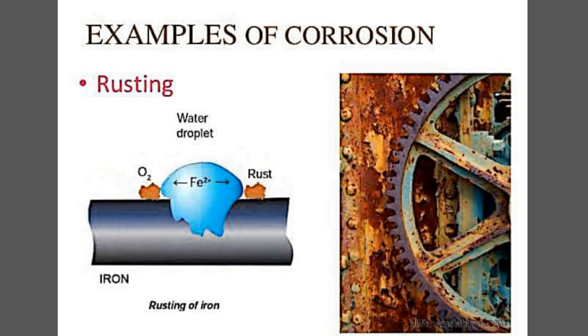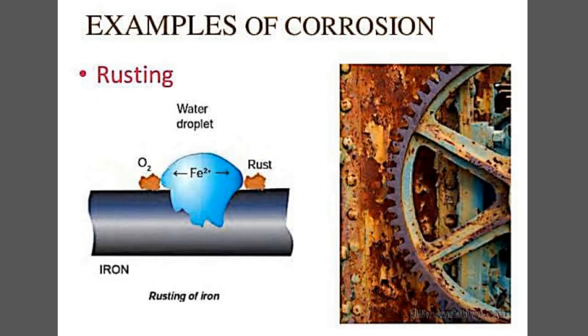Although it is not a fast process, it is a very slow and gradual process which will take a lot of time. But over the years, this process is able to completely destroy that metal on which the corrosion is happening.